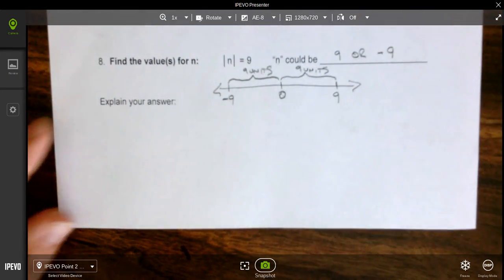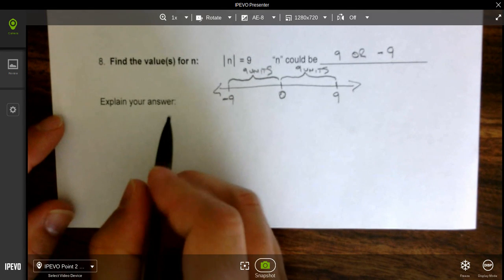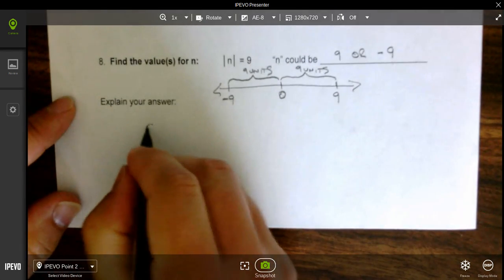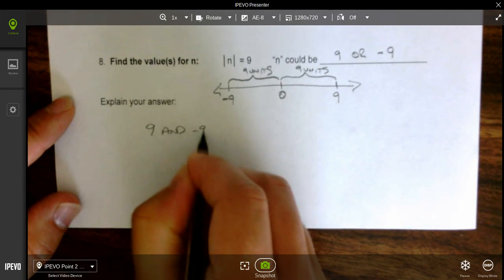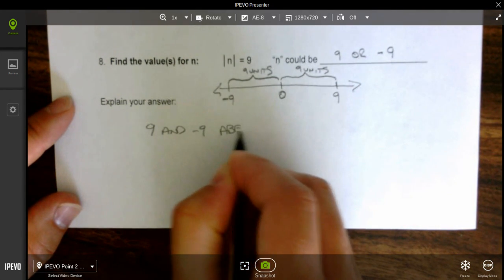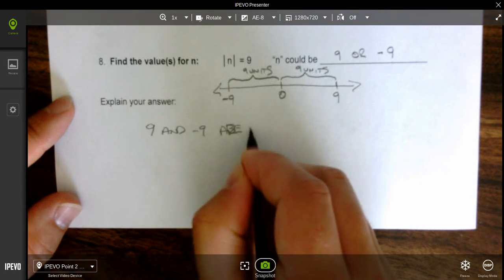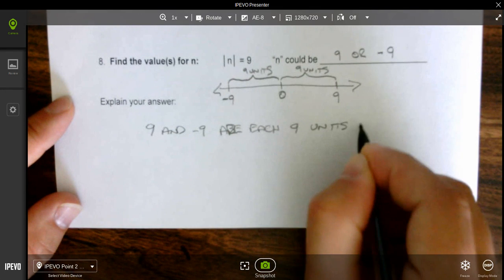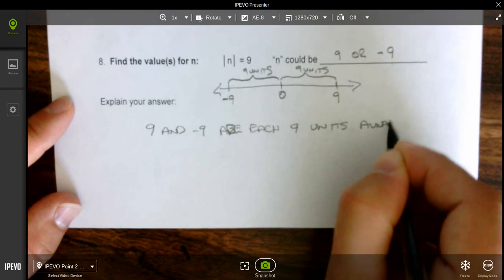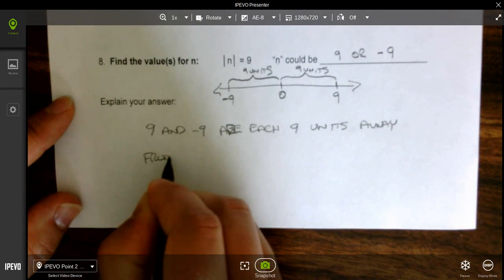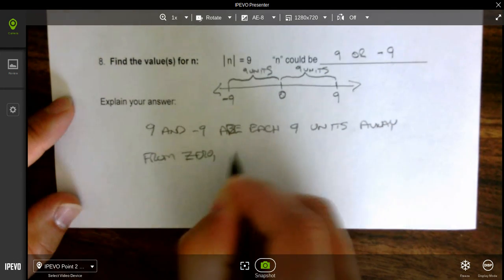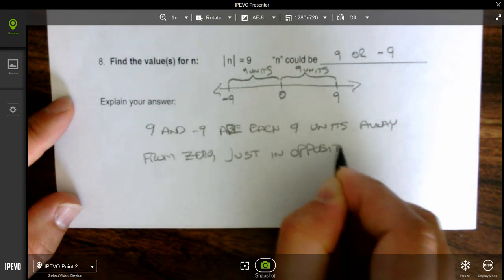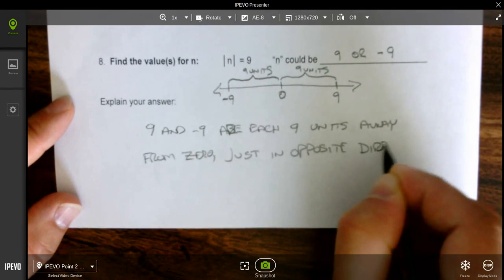9 or -9. And it says to explain your answer: the reason why 9 and -9 are each 9 units away from 0, just in opposite directions.